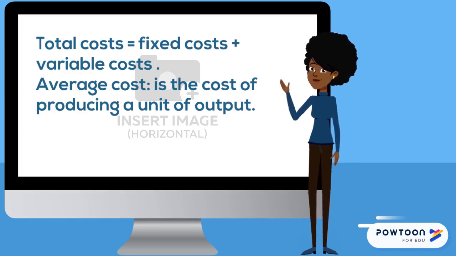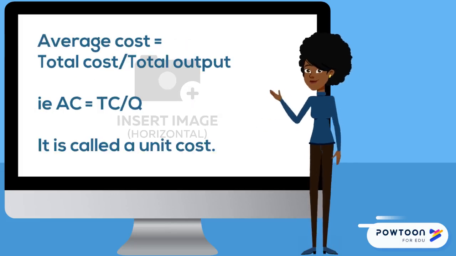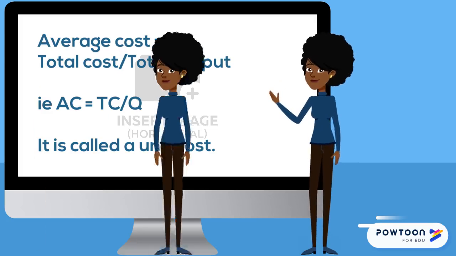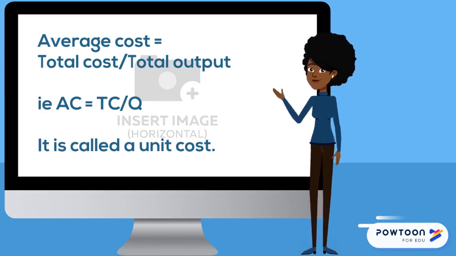Average cost is the cost of producing a unit of output. Average cost equals total cost divided by total output. That is, AC equals TC over Q. It is called a unit cost.